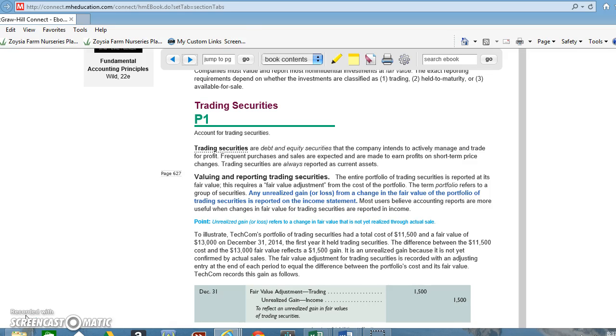They're put on the books at cost, and then any realized or unrealized gain goes into income on these securities.